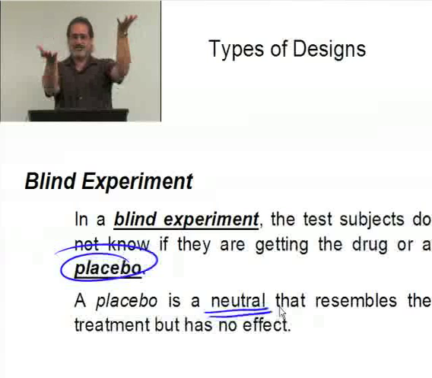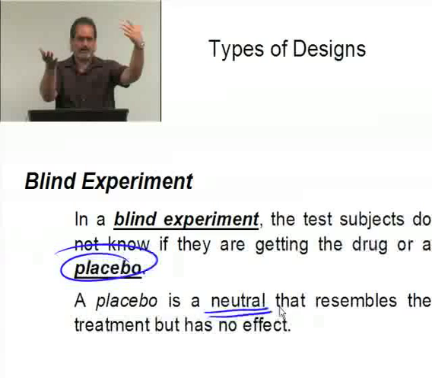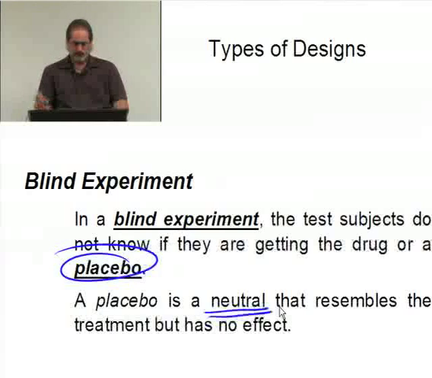And it's this difference that we can hopefully measure to show that the new treatment really is improving quality of life, life expectancy, how long they're going to live, improving something to do with this disease. So that's basically the idea behind giving people a placebo in a blind experiment.